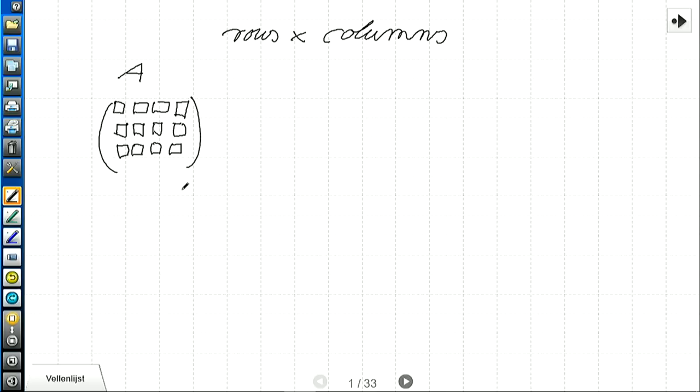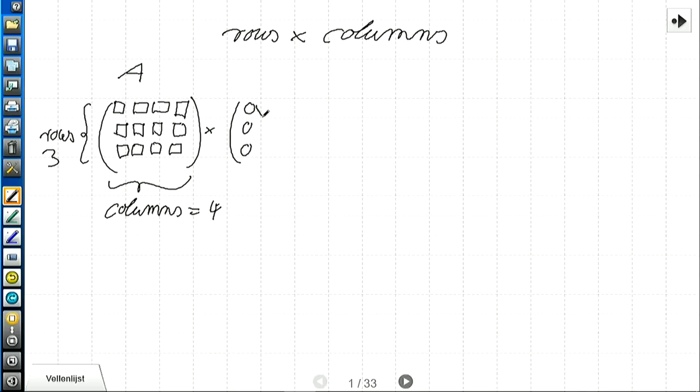Then this matrix has a number of rows and a number of columns. In this case, there are 4 columns and 3 rows, right? And if I multiply this by a vector, these are not zeros, just symbols, out comes another vector.